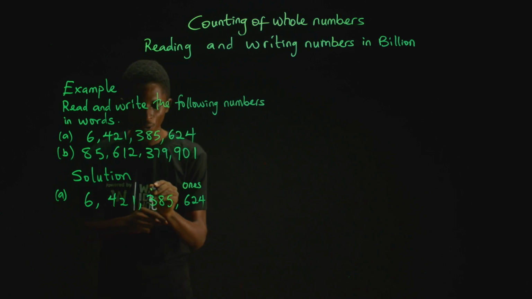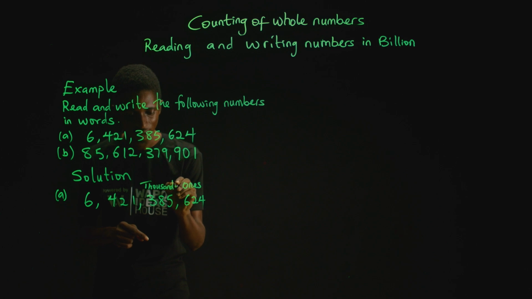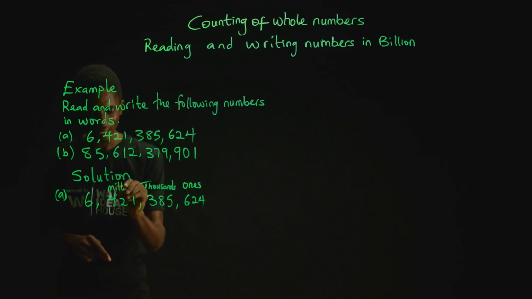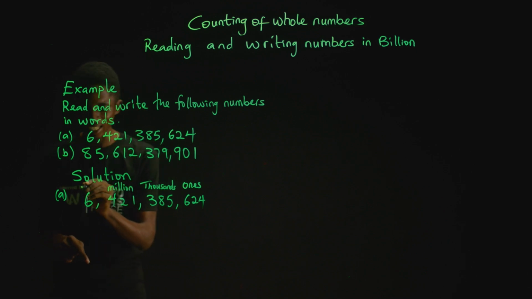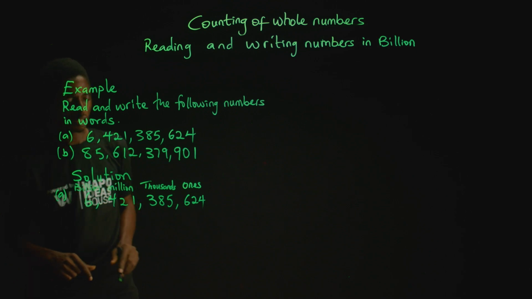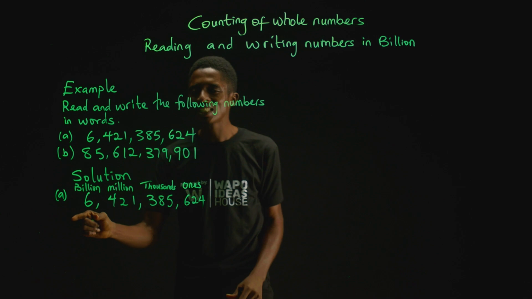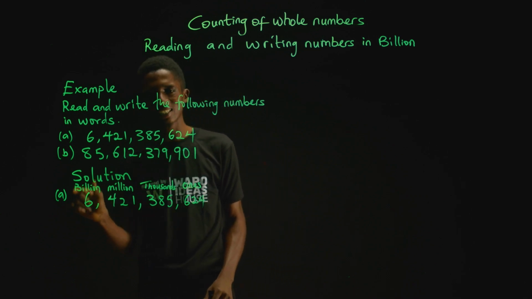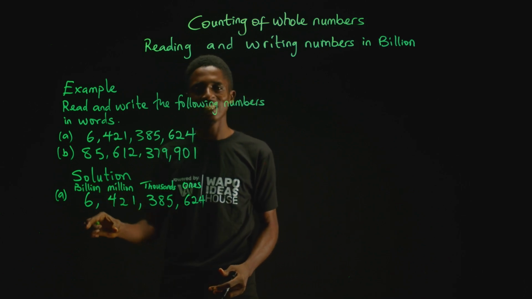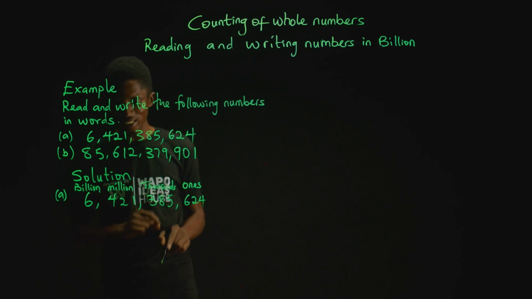The next group is your thousands. The next group is million. And then we have billion. By doing this, you now know that this number is in excess of 6 billion, meaning it is larger than 6 billion.